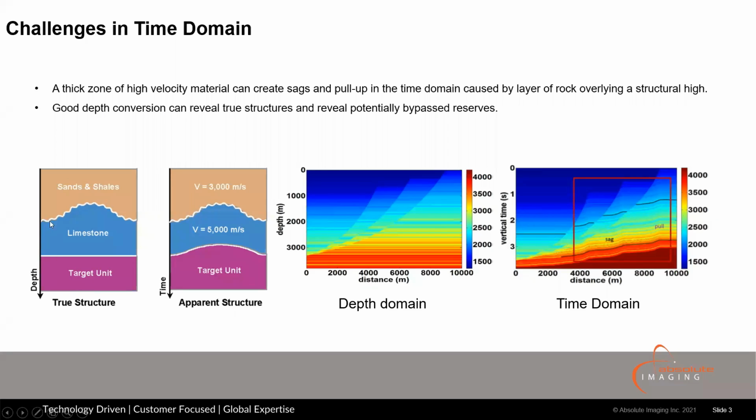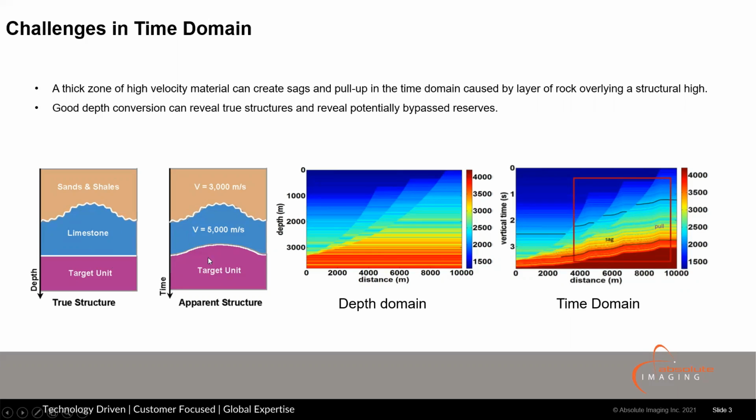If you have a true structure that has, let's say, a thickening of the fast material, when we record everything in time we start to get an apparent structure. So that is not correct in the time domain. Then we need to go from the time domain into the depth domain and reveal the true structure from the apparent.